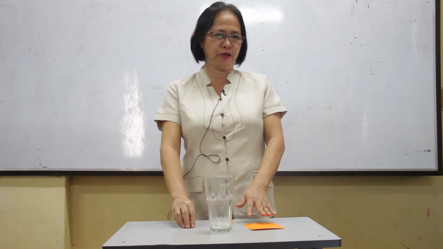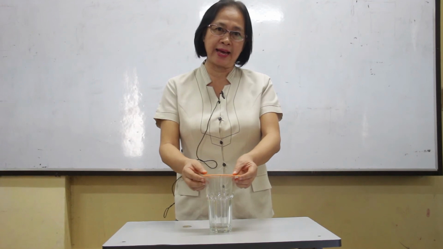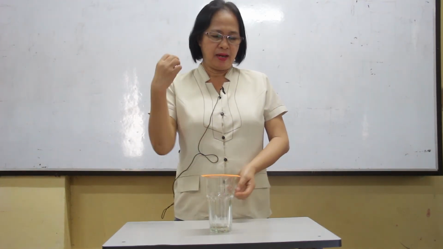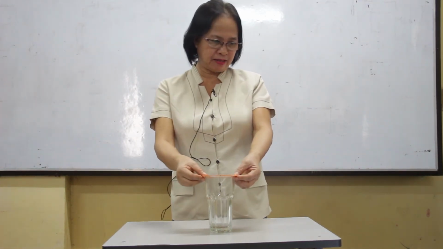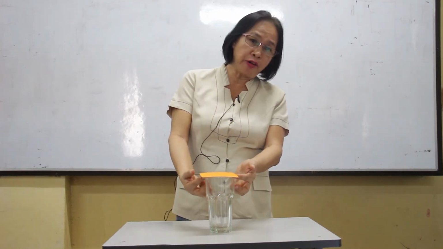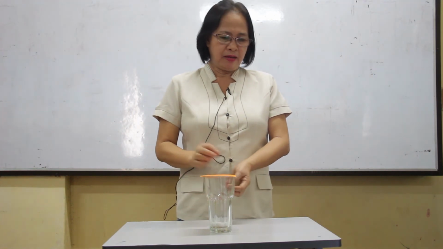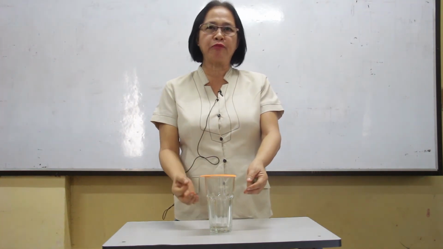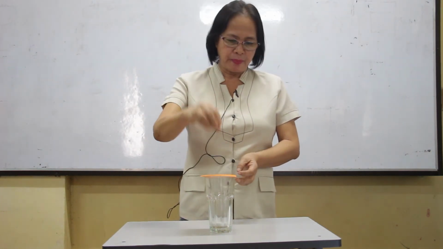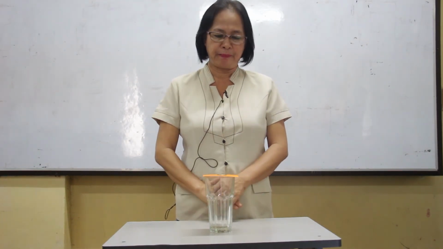So what you're going to do is lay the cardboard on top of the glass. Be sure you have one edge of the cardboard a little beyond the rim of the glass so that you can give the edge a good flick. Aside from that, it will prevent your finger from smacking the glass. Then place a coin on top of the cardboard.